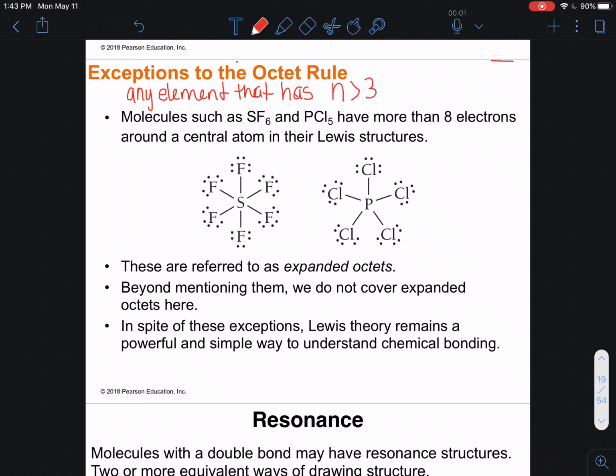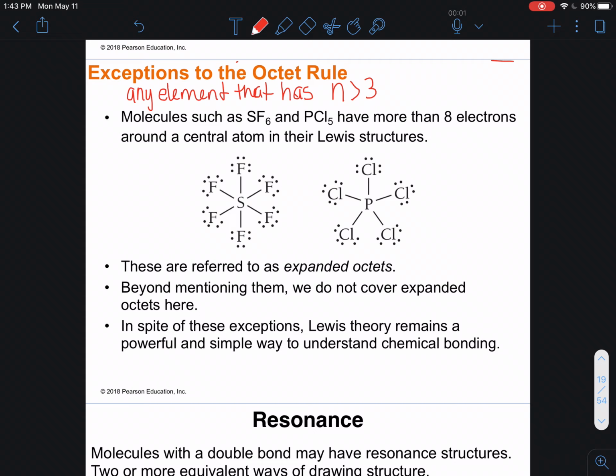If it's in the n equals 3 or greater principal quantum number, remember, even though it might not necessarily have electrons in a d orbital, it still has access to a d orbital because it's in an n equals 3 or greater. And most of the time it's access to an empty d orbital or d subshell.